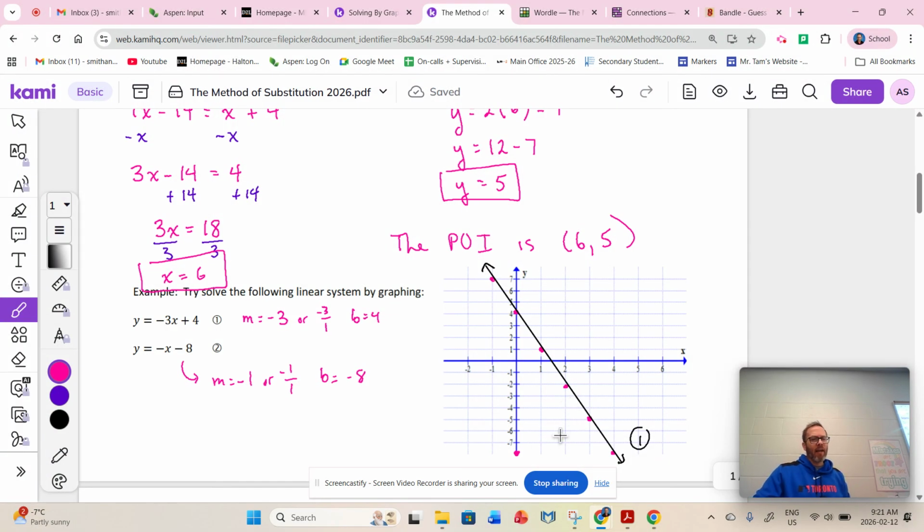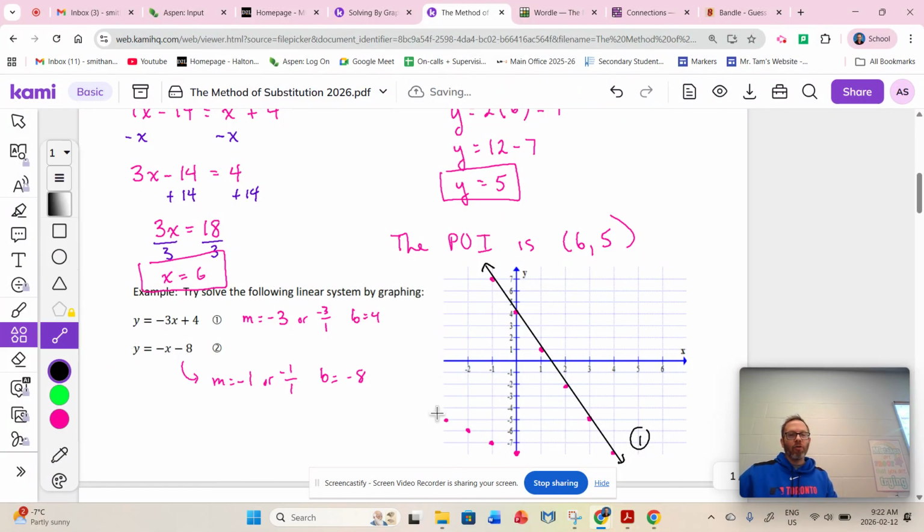Our slope is -1 though, so it'd be like right 1, down 1, right 1. But I can't go backwards. But that line would look like this. So at least now we've graphed our 2 lines. We've made no mistakes.